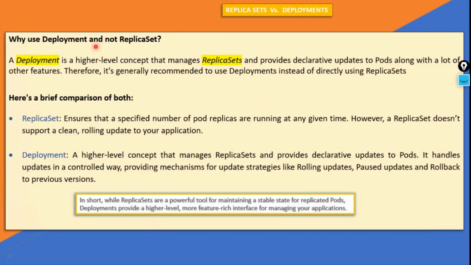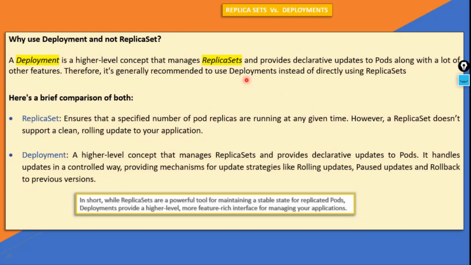So why use deployment and not replica set? A deployment is a higher-level concept that manages replica sets and provides declarative updates to pods. A replica set could not do deployments like a rolling update deployment, a blue-green deployment, or a canary deployment.